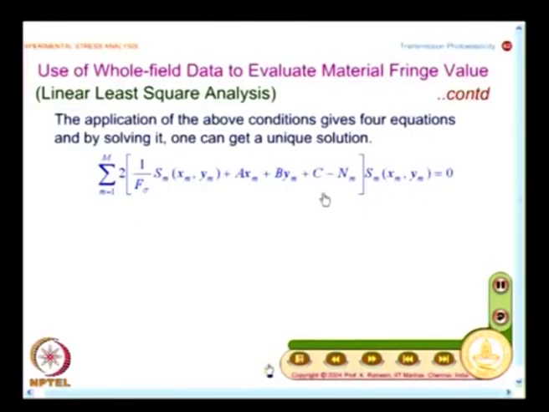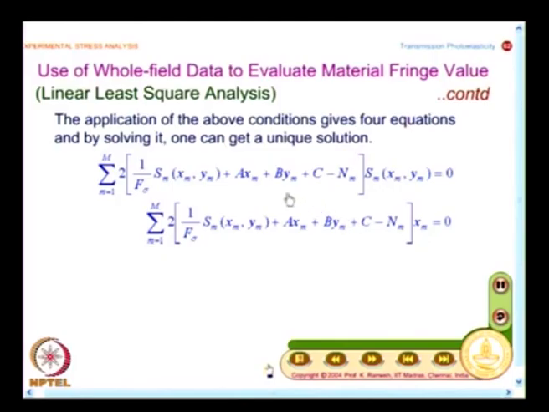And what are the other equations? When I differentiate with respect to a, what do I have? I will have essentially this multiplied by x sum, as simple as that. And if I do it with b, it will become ym.